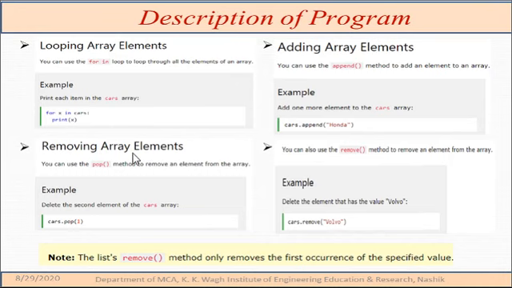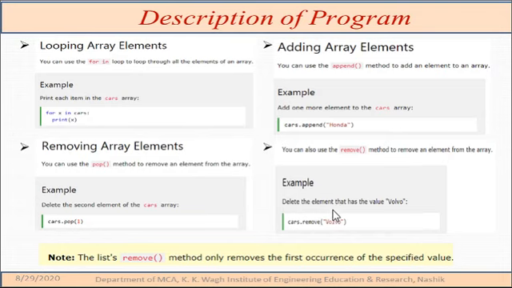Whereas if I want to remove a specific element from the array, I get a ready-made method called the pop method, which helps to remove an array element. For using the pop method, I put the index of that element, so as per the index given to the pop method, the element at that position gets deleted.